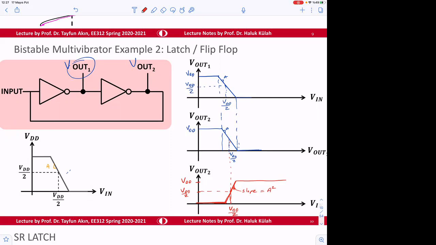So, when does this signal change? You can find it from here, this point, where it's corresponding to here, and that input is going to be switching. So this point and this point will correspond to here. From the gain values, we can calculate that.